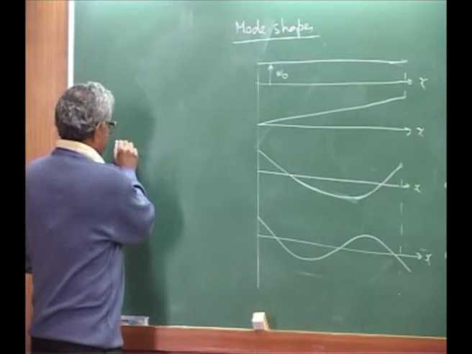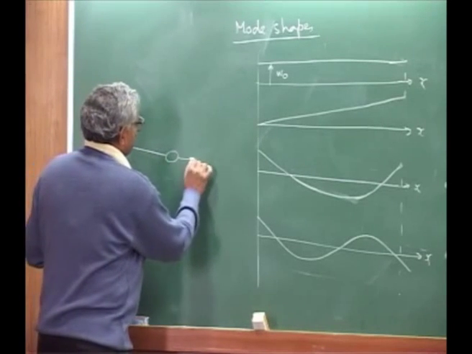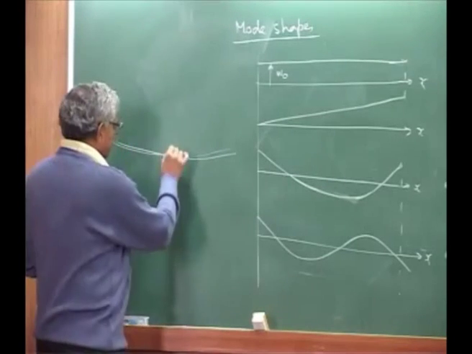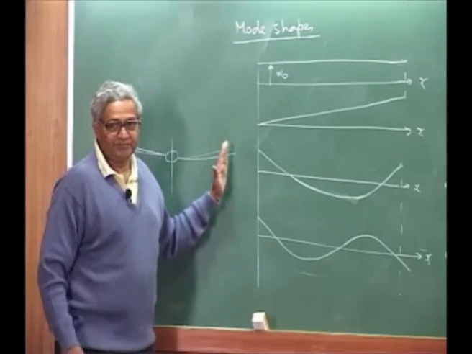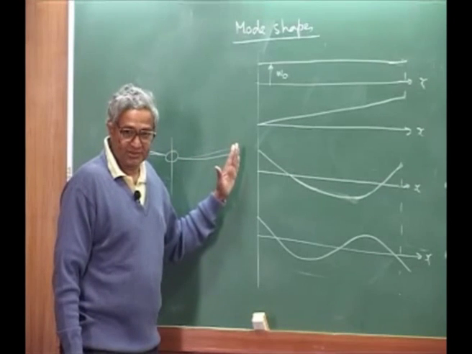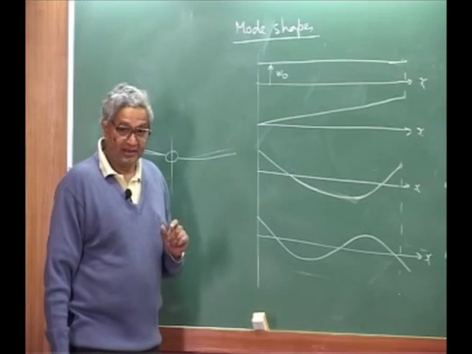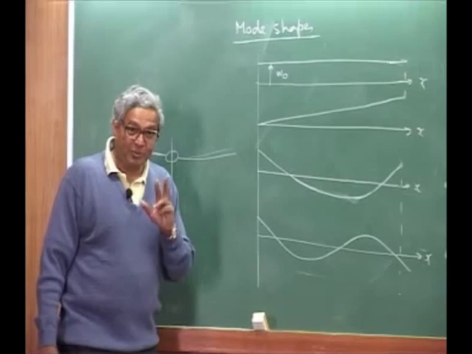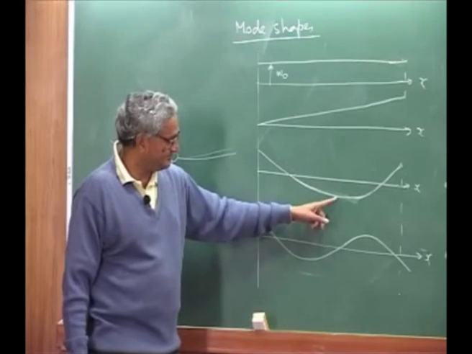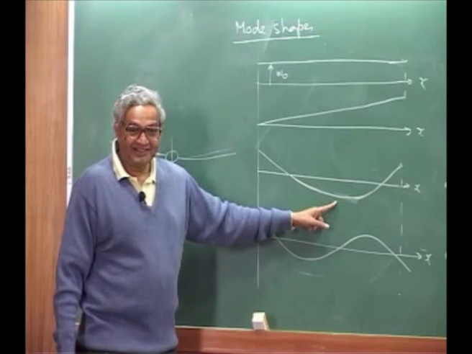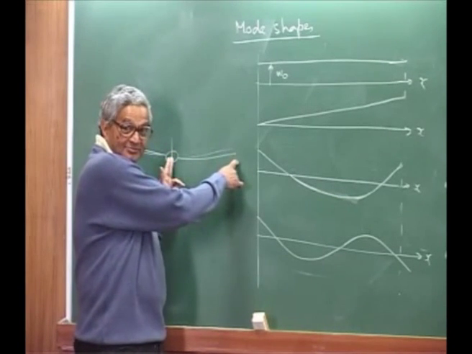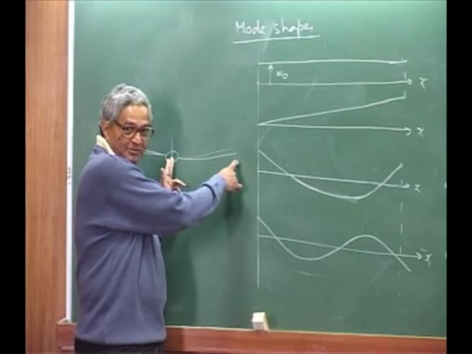Suppose this is my aircraft. Okay. If I cut it, I have half. If I want to analyze only half of the system, I must be clear what boundary condition I set in at the midpoint, because you are analyzing only 1/2 of the system. Okay.